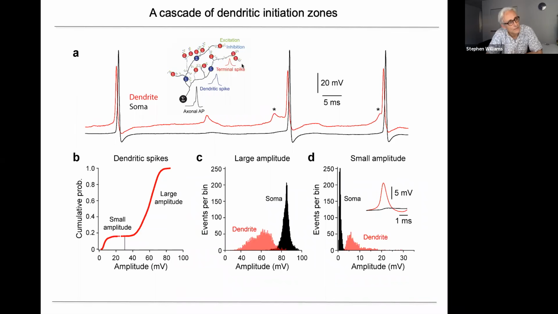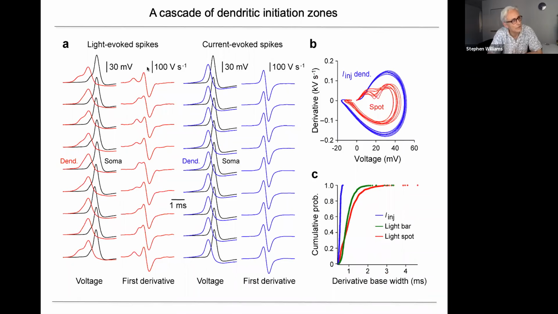I should mention that these terminal dendrites are the site where most of the excitatory and inhibitory synaptic connections impinge on DS cells. If we look at the light evoked dendritic spike in great detail, what we can find is that it tends to be characterized by two components, a small early component and a larger secondary component that's shown very nicely if we calculate the first derivative of the dendritic recorded spike.